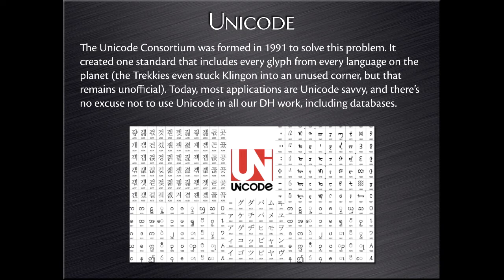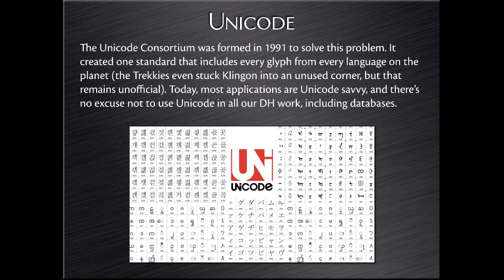And in fact, more, the Trekkies found some places in the corners of Unicode that weren't being used right now, and they put Klingon characters in there. And the Unicode Consortium said, well, it was a good trick, but we don't recognize that as an official language. So that's okay. So here's what this means. By now, everybody should be using Unicode, because now every character on the planet is open to us. Now, your computer might not be able to display those.